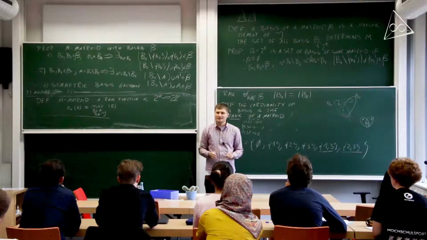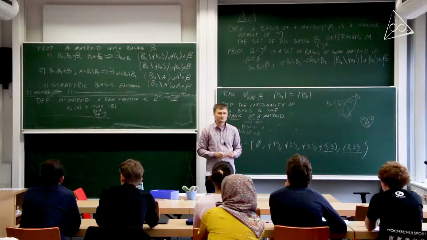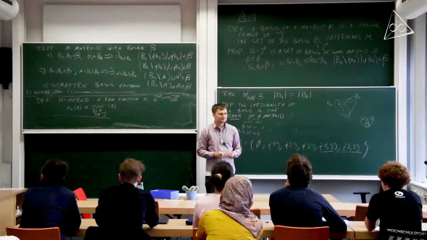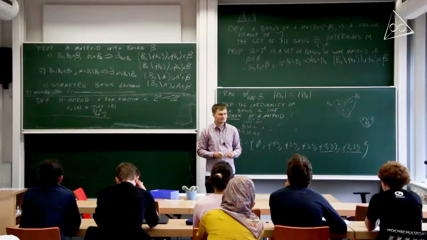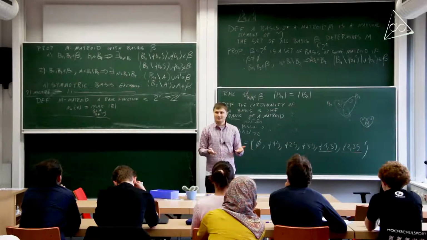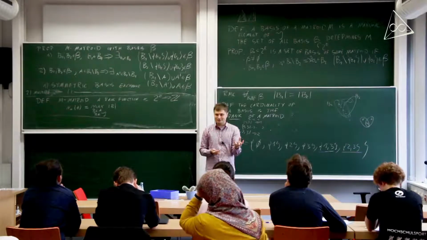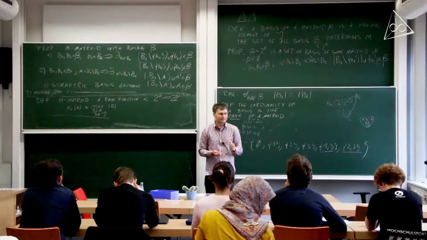But you are close, let's think. So you want the rank to be equal to the cardinality of the set? That's being independent. What does it mean in linear algebra that a set is independent? It means that it spans a vector space of dimension equal to its cardinality.